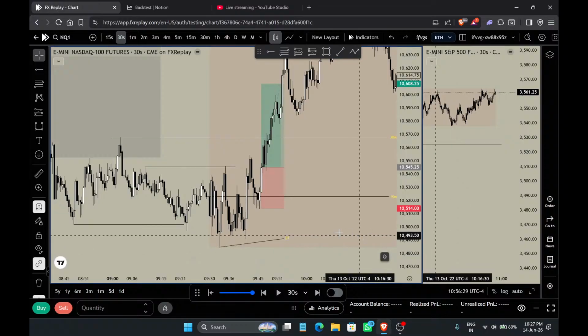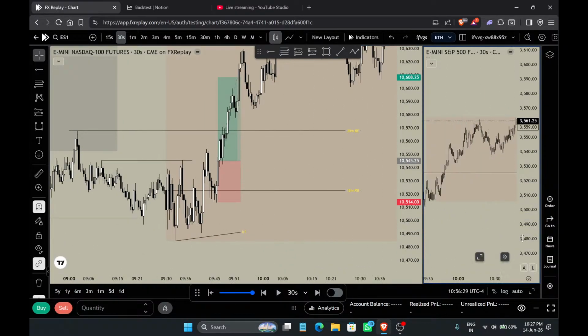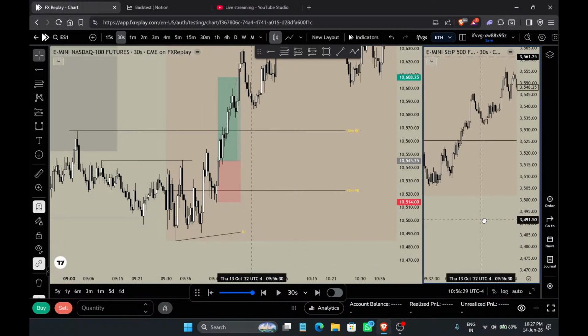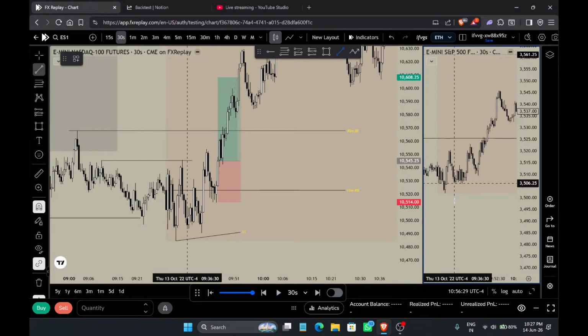Okay. Let me take the screenshot of this trade. Around there, this is unswept.